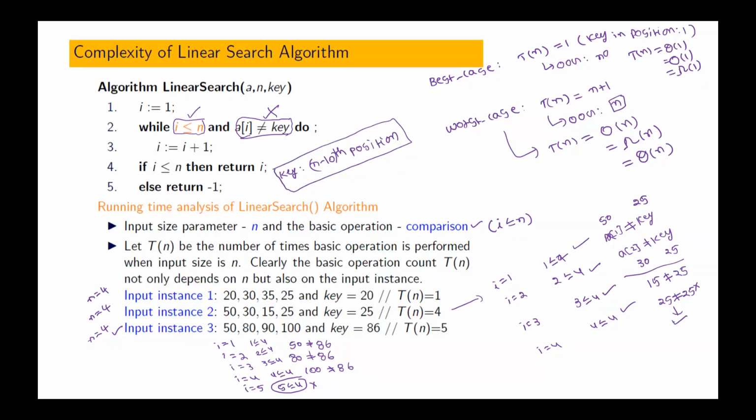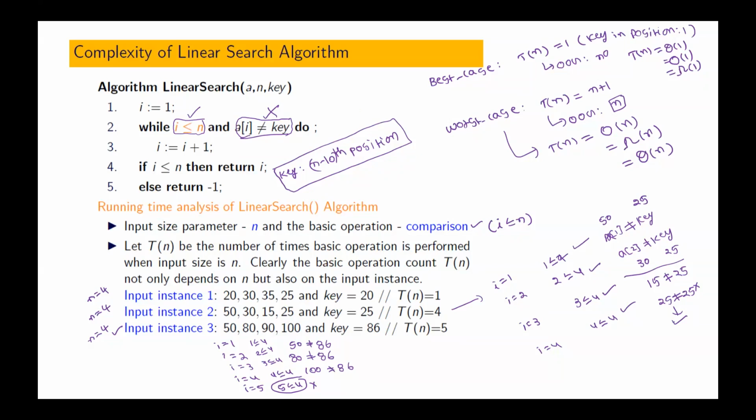How many times is the comparison operation performed? N minus 10 times. That means is it the same as best case or worst case? Worst case.